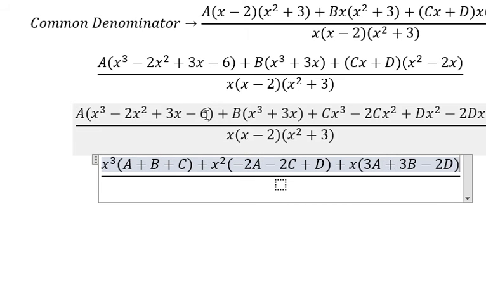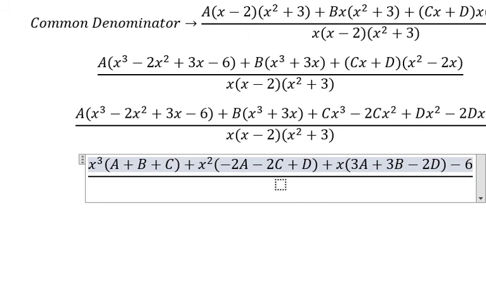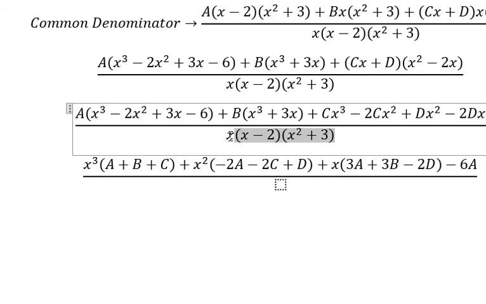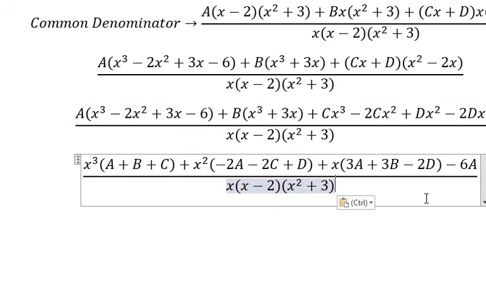And the last one, we have negative 6A. Now we put this one in here.